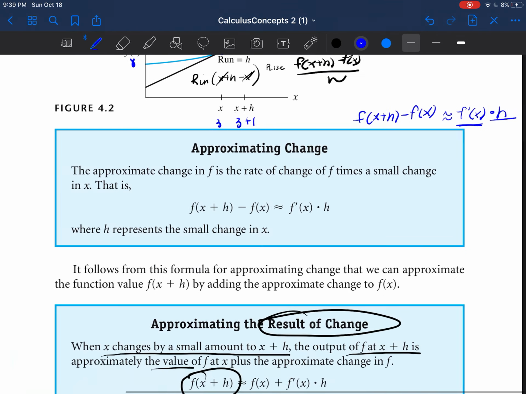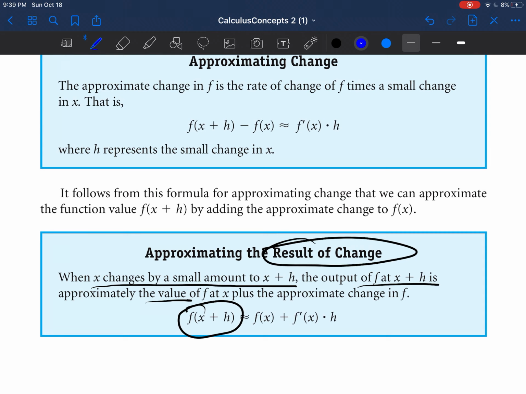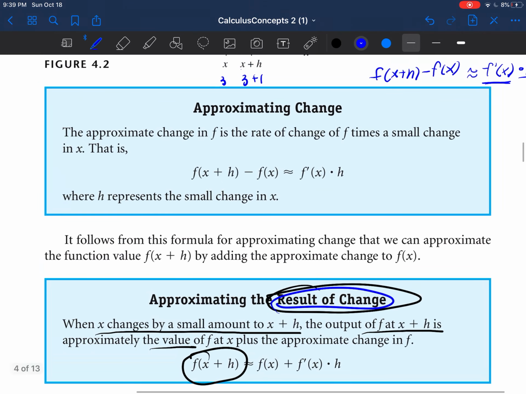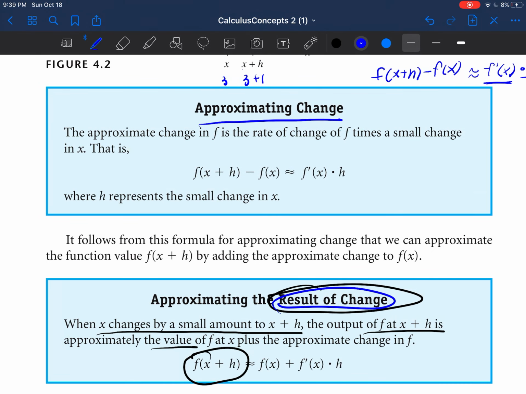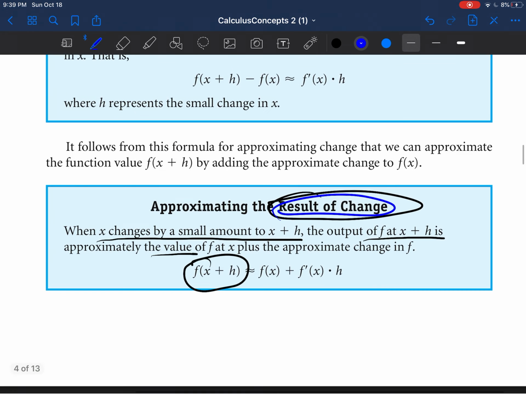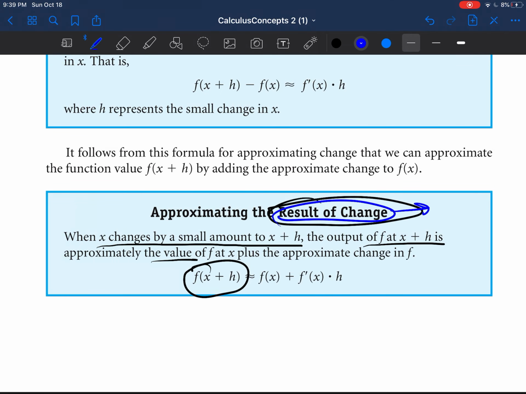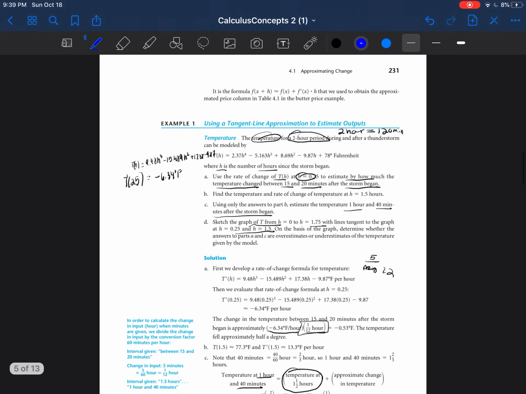You don't really need to, just make sure you understand this conceptually. And this is just solved for a different thing. So this is approximating the result of the change. So rather than approximating what will happen marginally, what would be an addition, this is what would happen, like the actual number, right? This would be the result of the change. So this would be like the output. Okay, just ignore this. This isn't important.